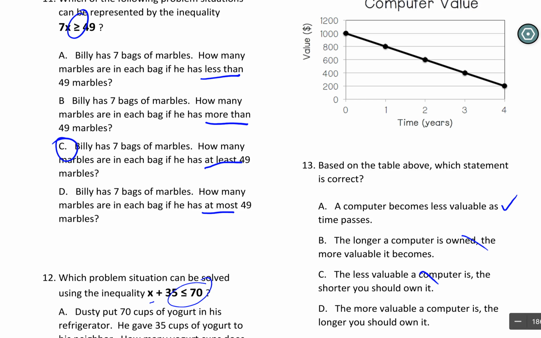Or, well, I mean, it is the case, but it's not what we're looking at here, not the case of our graph. So the value does depend on time, but it's not saying that the longer you should own the computer, the more valuable it is. So that's not what the cause is. So A is going to be our best answer.